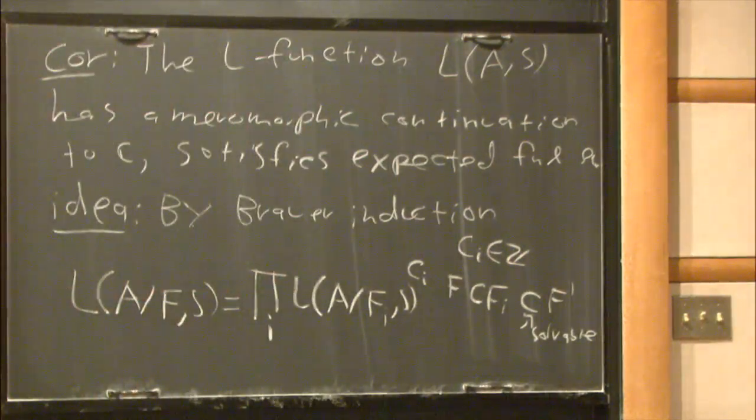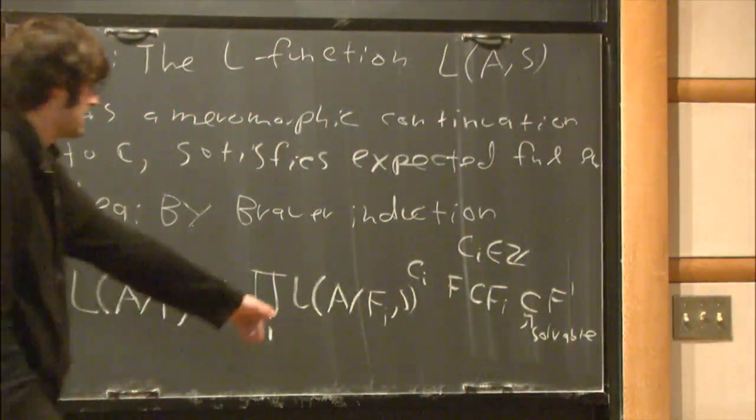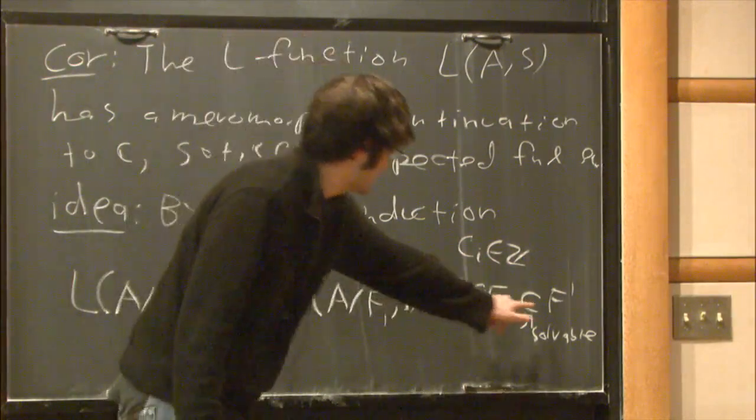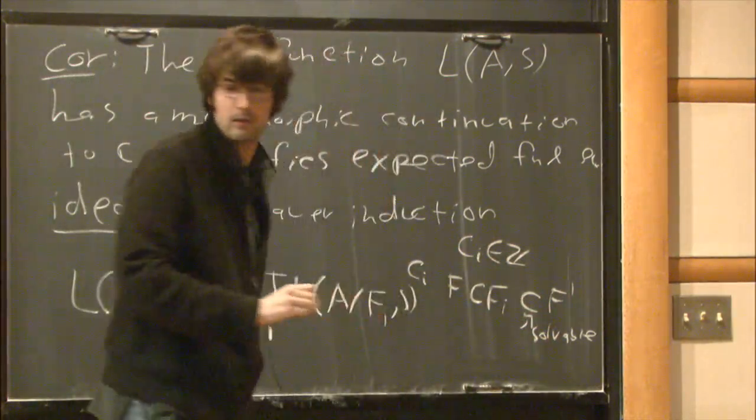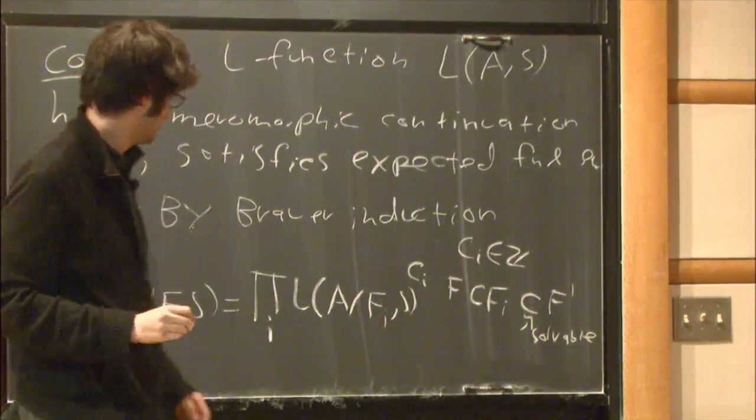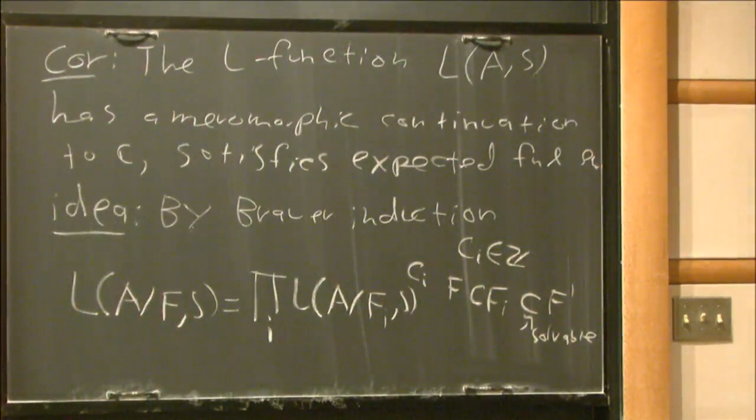Base change theory will then imply that since A is modular over F prime, it's also modular over F_i, twisted by a character. I don't think I need to twist by any characters, but sorry, what have I screwed up? I thought you needed L(A tensor psi_i over F_i, s) to the c_i.